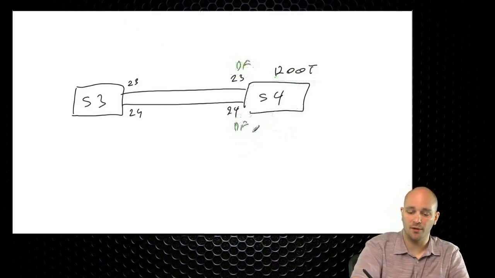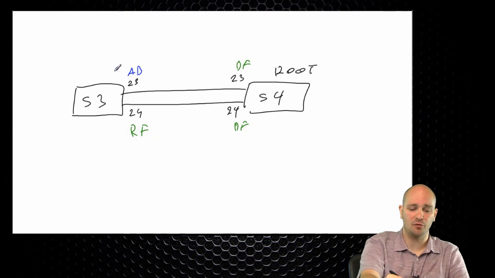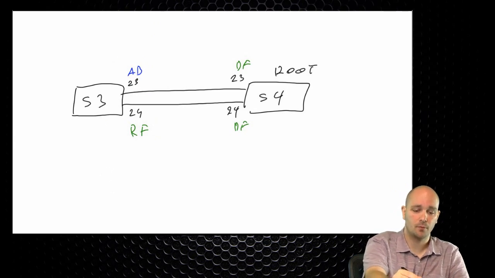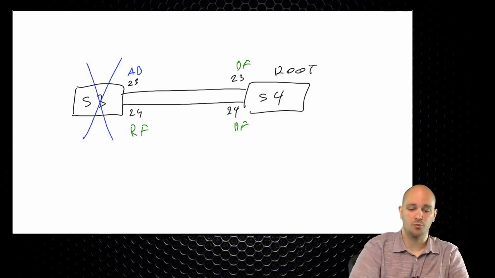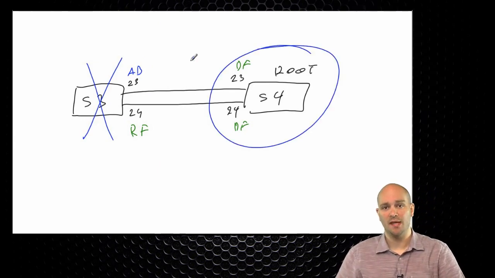There is nothing we can do about that. But that we wanted to have this as the root port, and that we wanted to have this as alternate blocking port. And by the way, do not make any configurations on switch 3. So the only place where we can make any modifications will be switch 4. So how to do that?